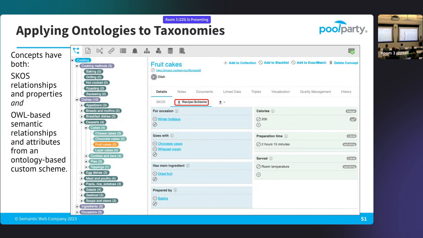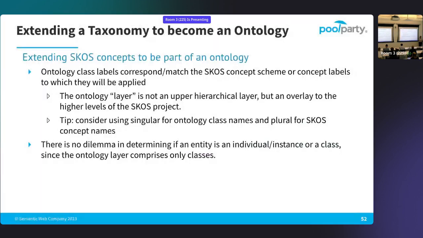You could add more. And then properties that are attributes, I decided, would be number of calories, preparation time, and served, in this case, room temperature. And dish here means the class that's been applied to it. So that's an example of enriching the SKOS taxonomy to become an ontology in a simple way.